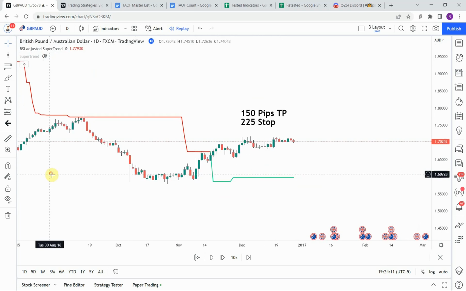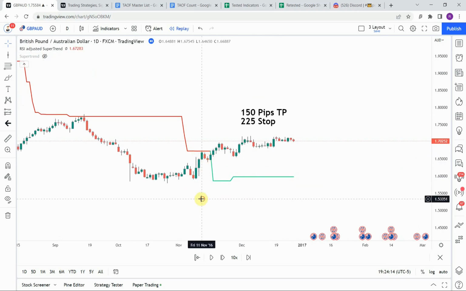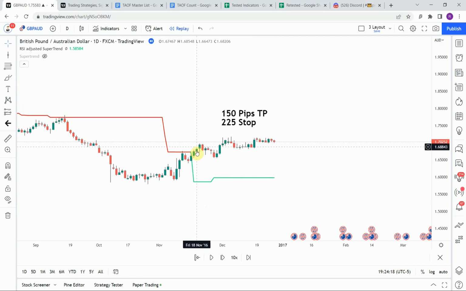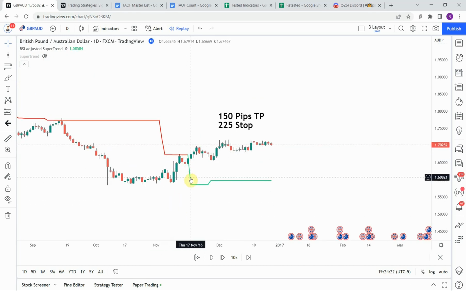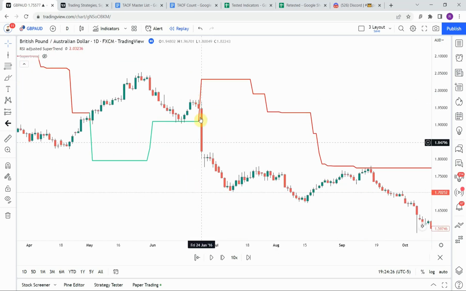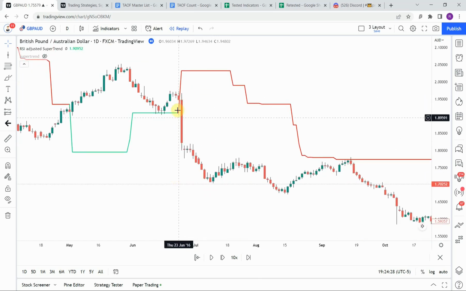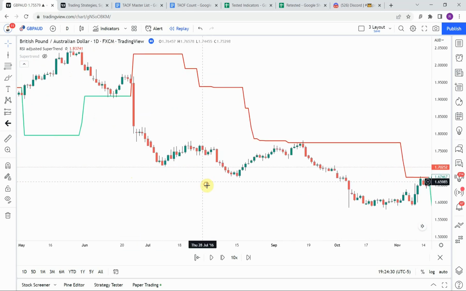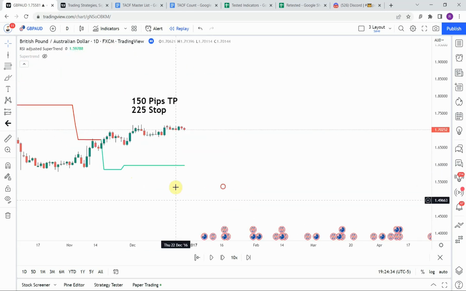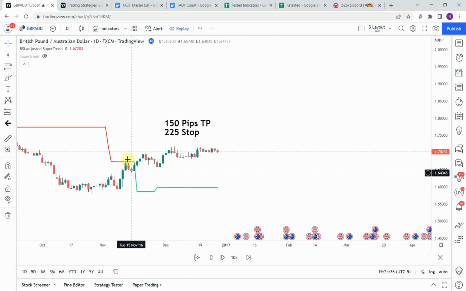It doesn't have the little breaks in the line, but as we are picking up momentum to the upside, or a long trend, then it will jump down below the price action. When we are picking up momentum to the downside, a short trend, then it will jump to the upside and turn red. And so that's what we're looking for, when we get that jump and that switch in coloration.